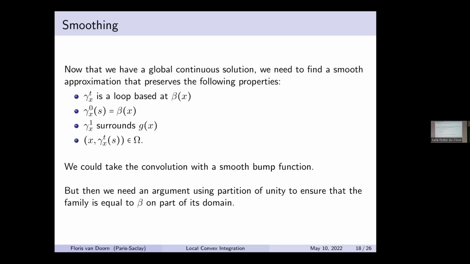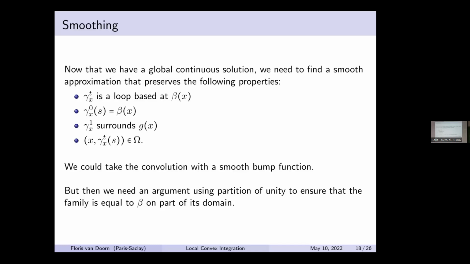We first need to reparameterize gamma so that for T near the base point, for T near 0 and for S near the base point, we actually make gamma constant. But we can do that because we don't care about the precise values of T and S near those values.